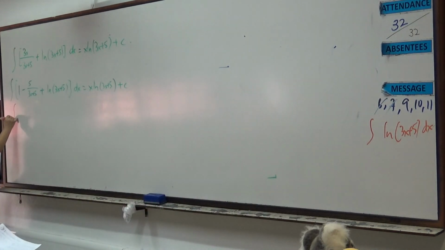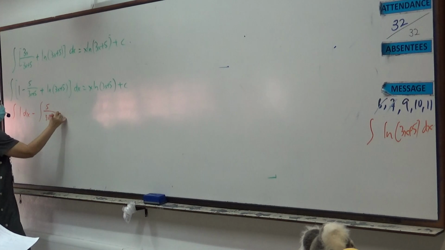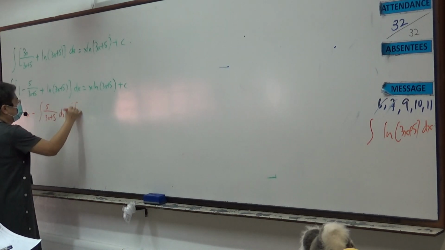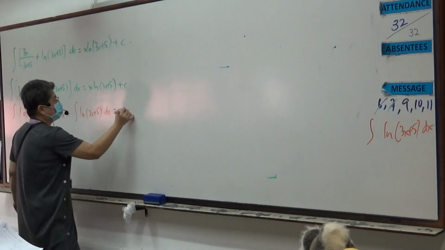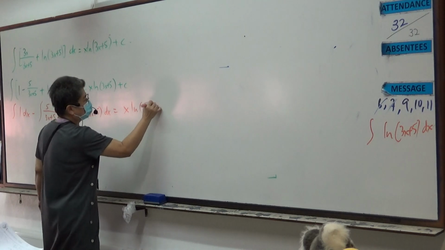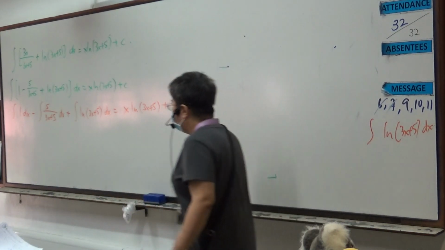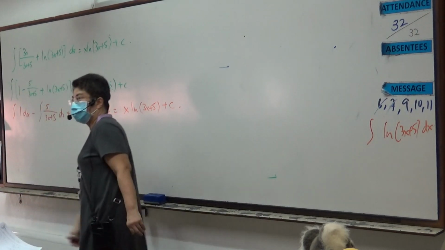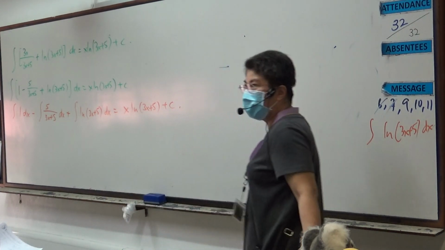This one means I will integrate 1 minus, I integrate separately. This. Alright. Yes or no class? Which one do you want to stay there?